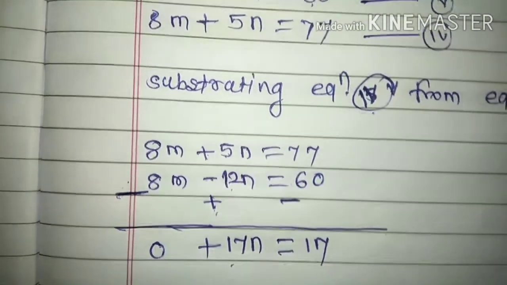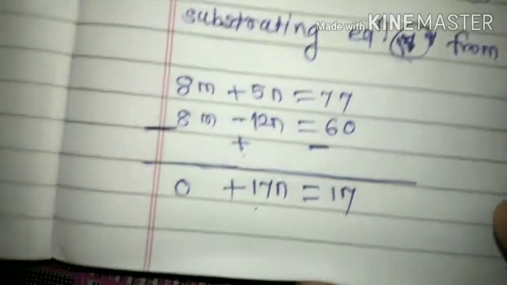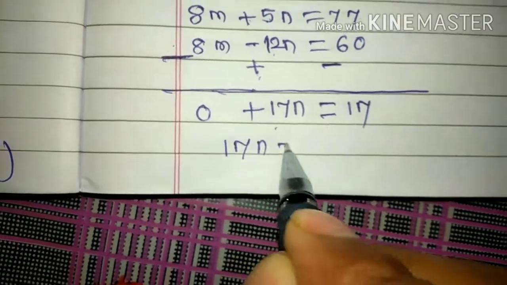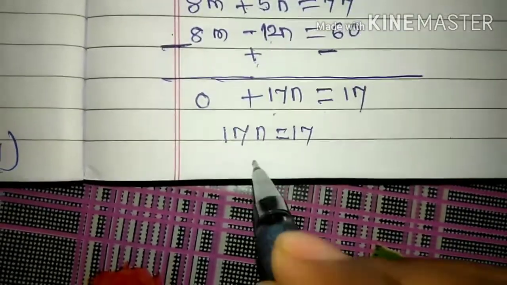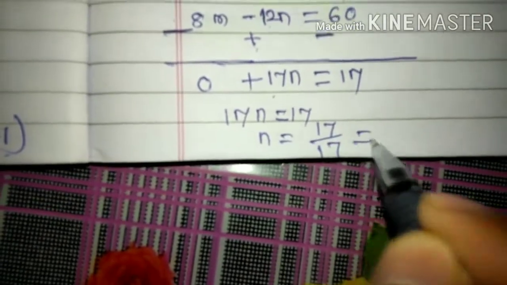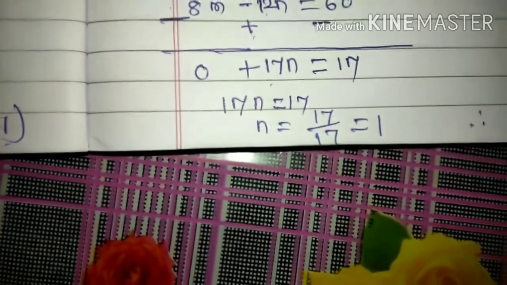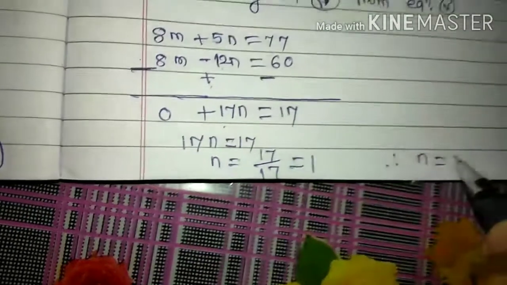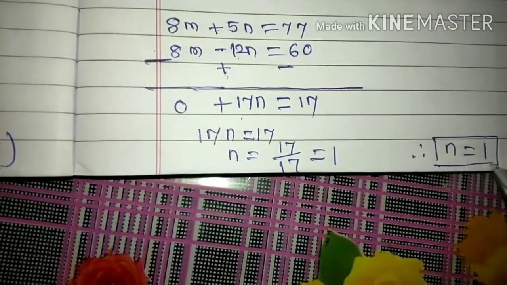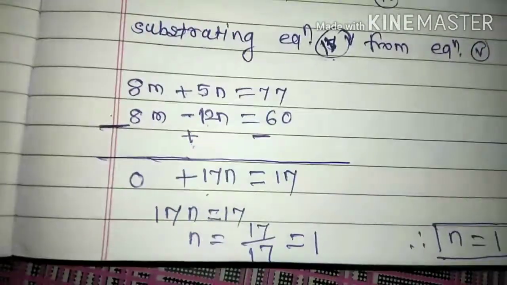Then n is equal to 17 upon 17 is equal to 1, therefore n is equal to 1.